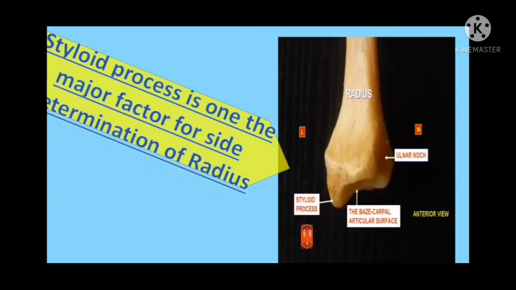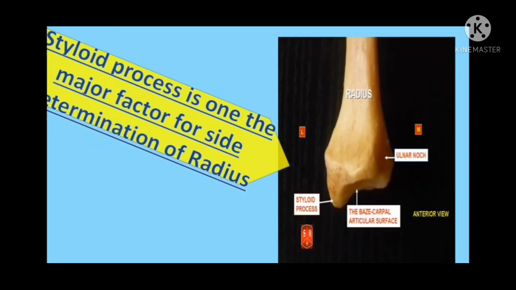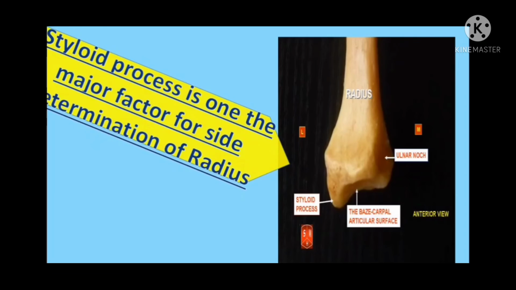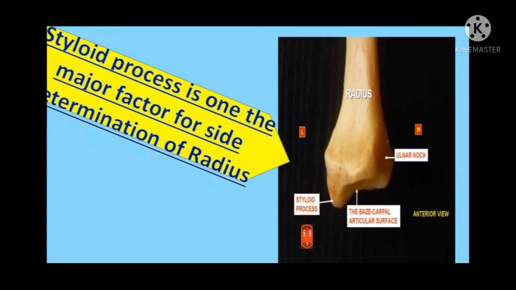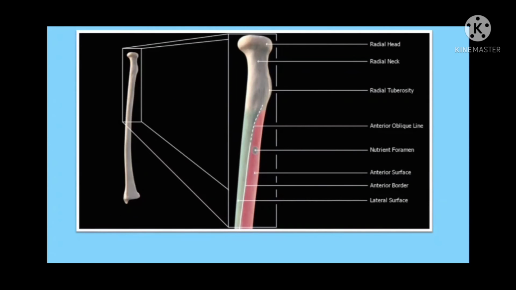Now, let's enter into the topic of attachment of muscles. The first muscle to be described is the biceps brachii, which is inserted into the rough posterior part of the radial tuberosity, which helps in supination of the bone.